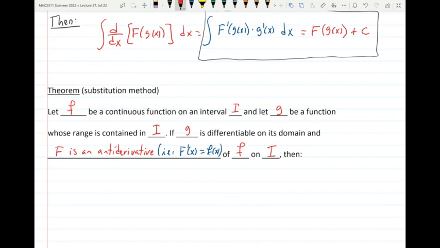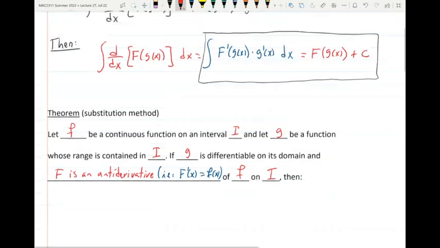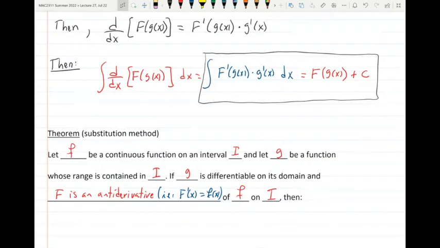Okay. Then, so now let's see, what statement do we obtain from here? Notice that in this case, little f is playing the role of capital F prime. So if you look at the box that we have above, you could rewrite this as little f of g of x. Okay, so that's what I'm going to write in the theorem. And then capital F is just an antiderivative of little f.